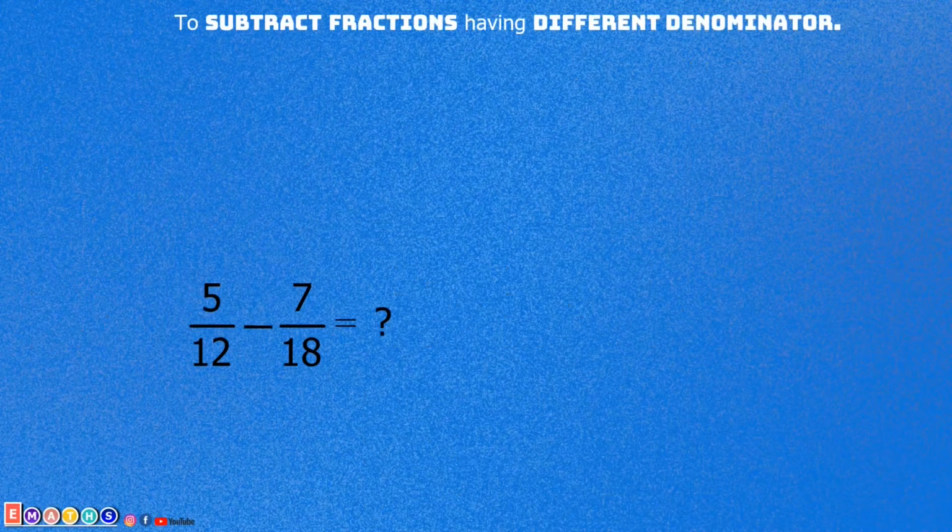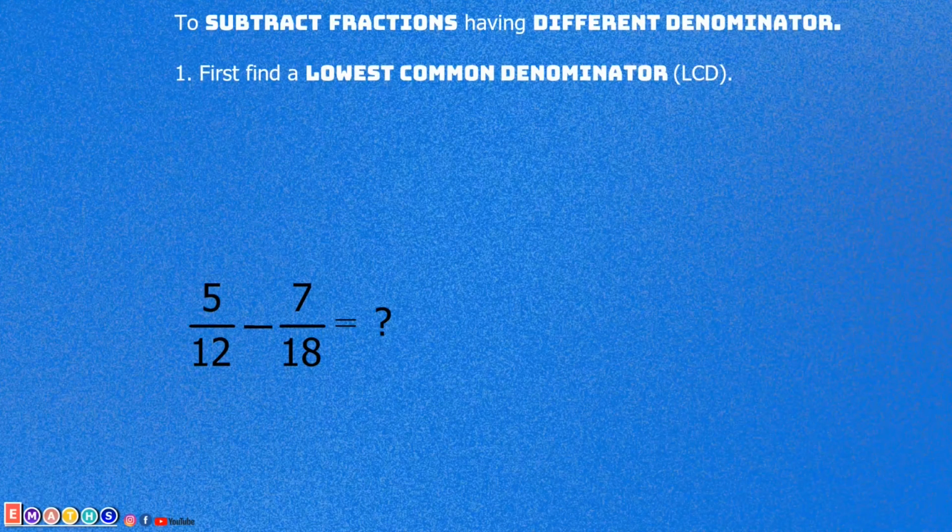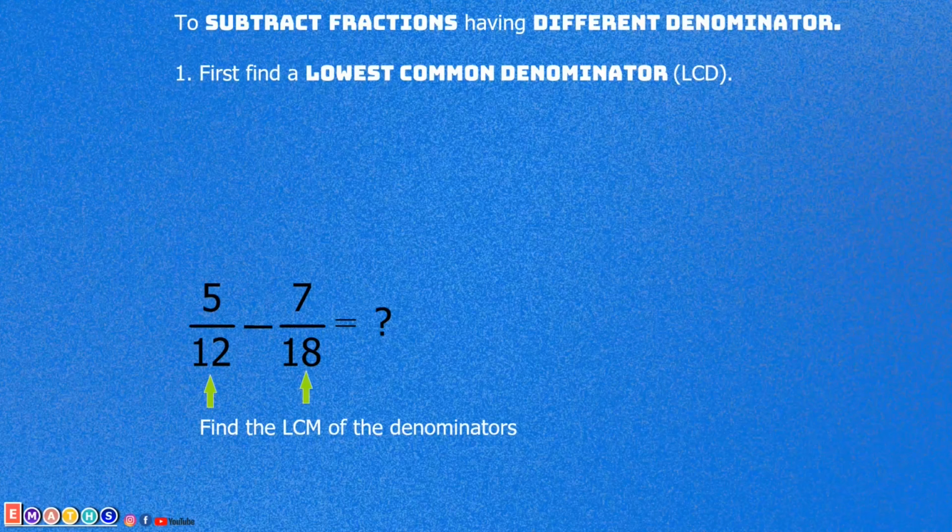To subtract fractions having different denominators, first find a lowest common denominator. Here we first find the lowest common denominator of both our fractions. The first fraction's denominator is 12, and the second fraction's denominator is 18.